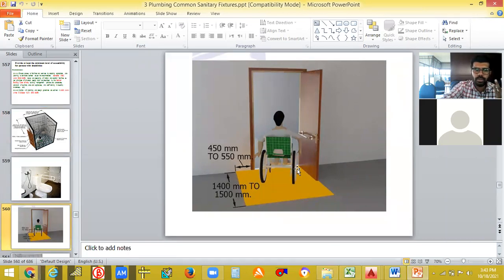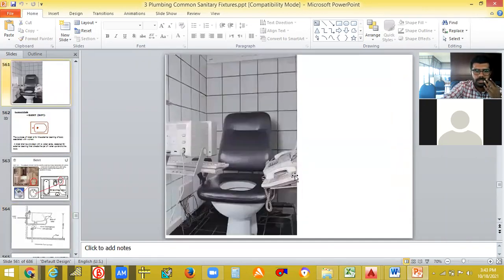According to that, we have to set it out. So these are different toilets for disabled people, and these things may be given for disabled people.